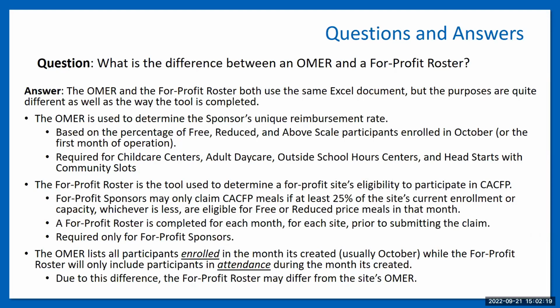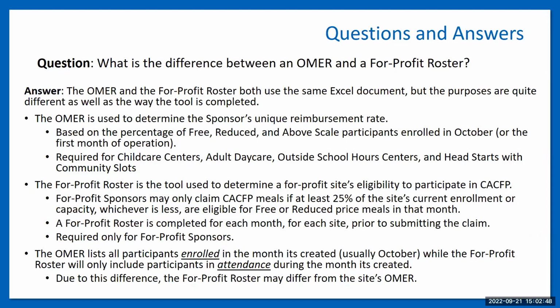On the other side, the for-profit roster is used for organizations that are for-profits in order to show that they are eligible to participate in the CACFP. So for-profit sponsors can only claim CACFP meals if at least 25% of each site's current enrollment or license capacity, whichever is less, are eligible for free or reduced price meals in that month.